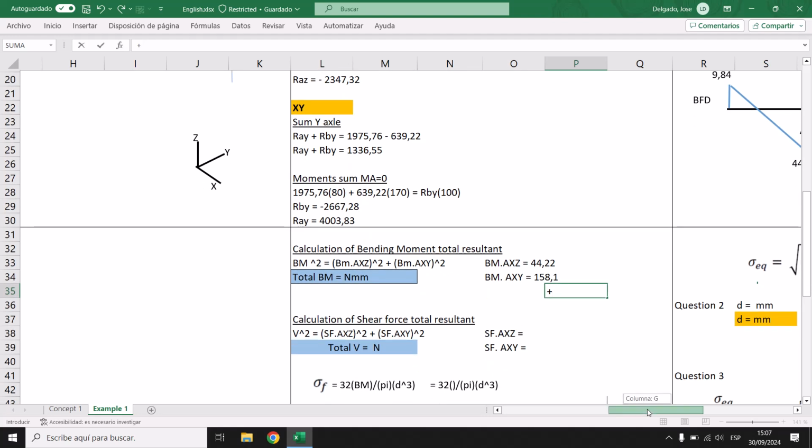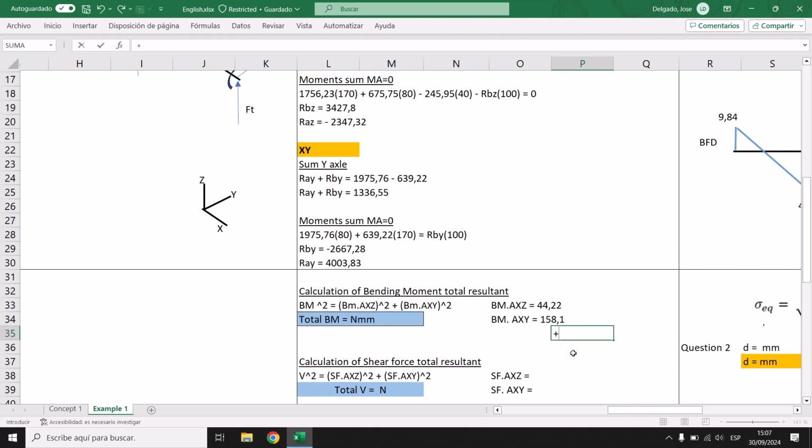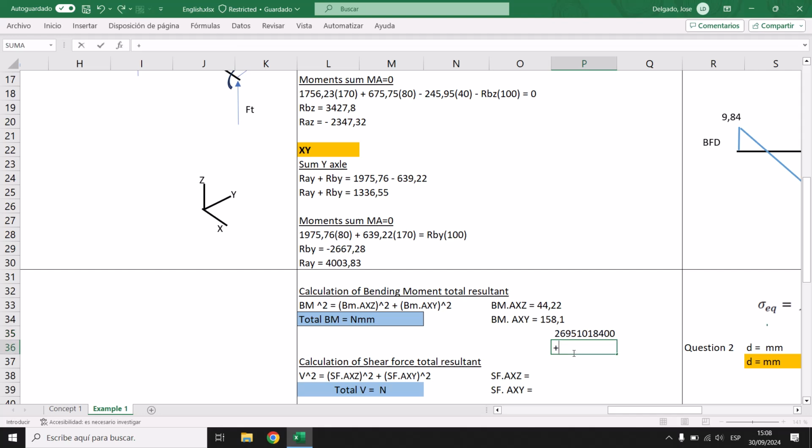Remember, you should make that in millimeters. So it's going to be 0.22 multiplied by 1,000, squared, plus this value, multiplied by 1,000 because we want millimeters and this is in meters, squared, and then you take the square root.